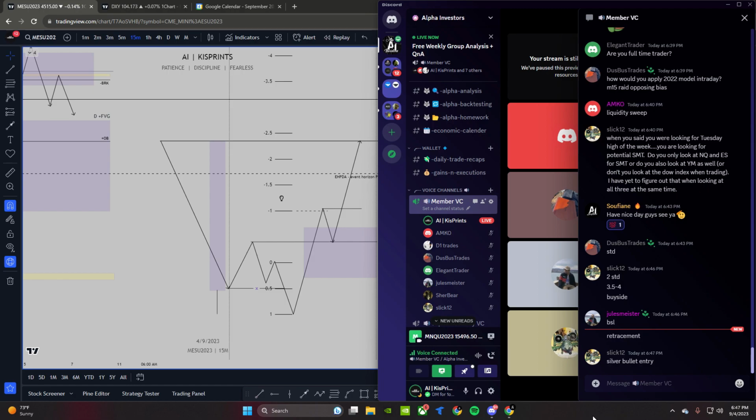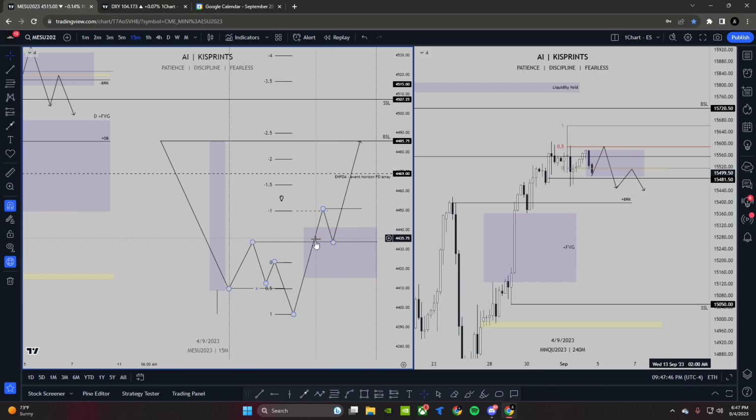And into this PD array, this is where, right here, this is where you want to be looking for your entry. So on the 5-minute, let's say you're on the 15 and the 5-minute, you're going to be looking for this market structure right here. But once this gets tapped into, that's where your light bulb turns on. That's where your alarm's going off. You're like, yo, okay, this is it right here. We're looking for a play, okay?